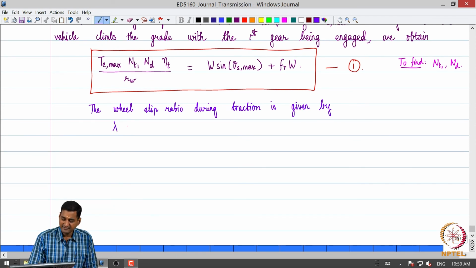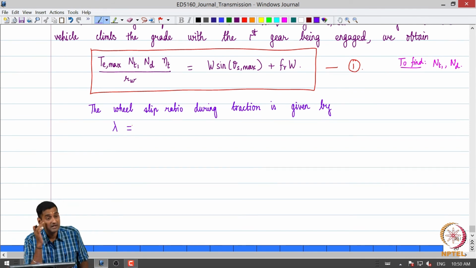Different people will use different symbols for this wheel slip ratio: small i, small s, lambda, kappa and so on. We are going to choose lambda.